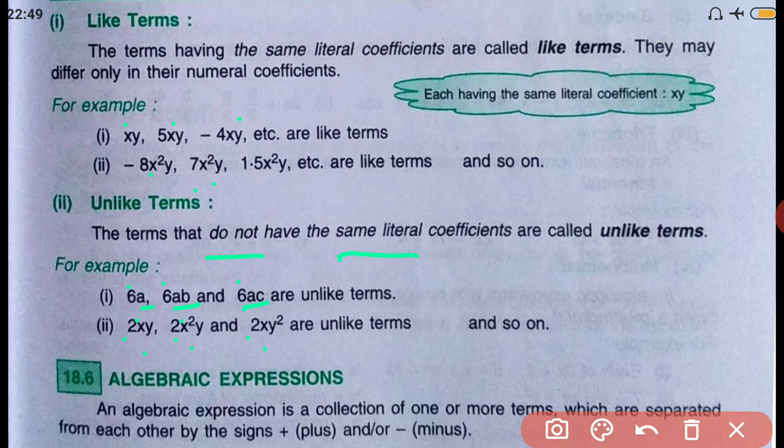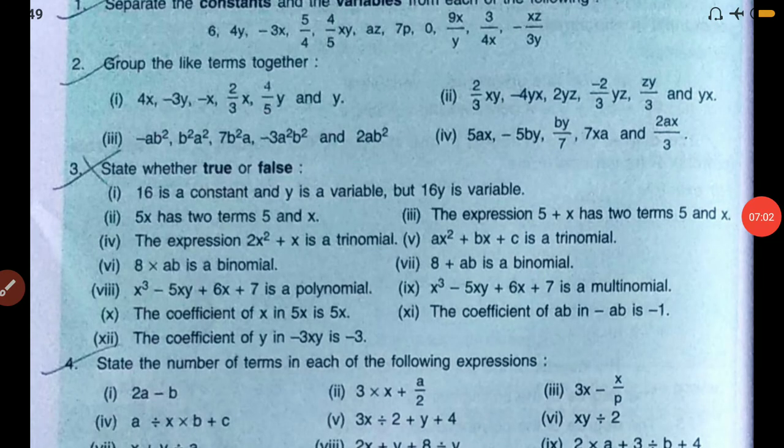I hope you understood like terms and unlike terms, and with the help of this knowledge we can go to exercise 18b and try to do some questions. So coming to exercise 18b number 2, group the like terms together.